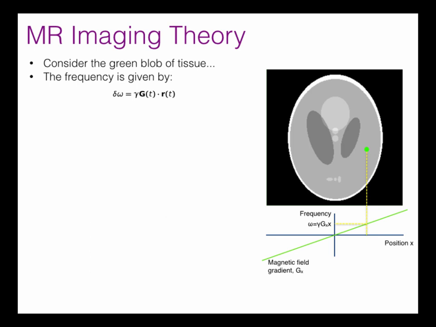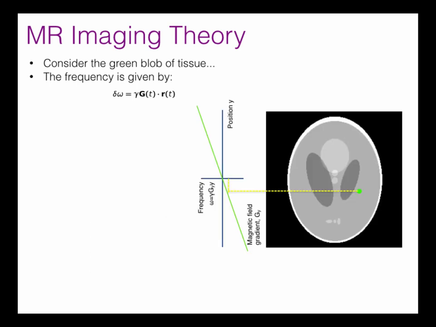Looking at that in a little picture, let's consider this little green blob of tissue. I put an X gradient on. It spins at the Larmor frequency plus an additional frequency offset due to the X gradient, as shown here, depending on its position in the X direction. If I then later put a Y gradient on, same blob of tissue, it's at a different position in the Y direction, so it has this other offset frequency here.